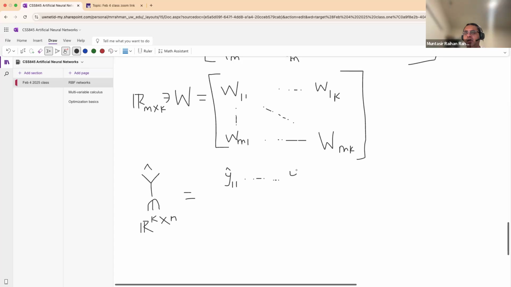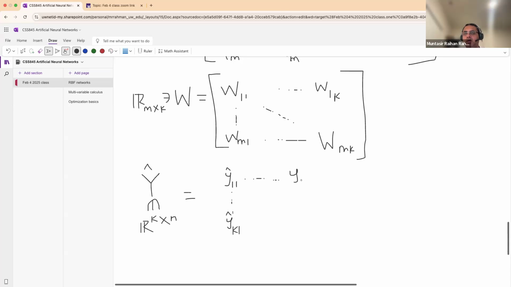So basically, what I'm going to do is that my first column is going to be the output of the network for my first input vector, right? So that's going to be Y1 to YK, and 1 is indexing the first input data set. So you can see this is the column index, and this is the n data sets.